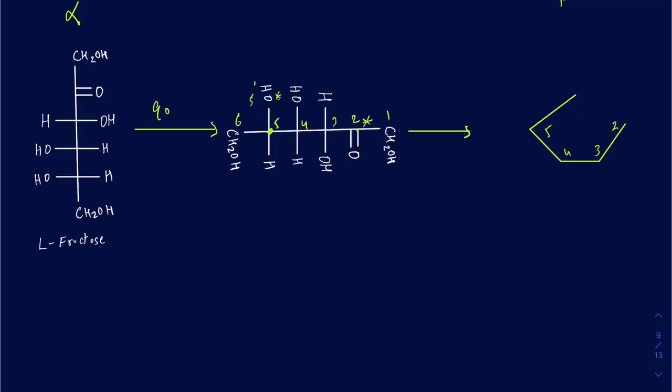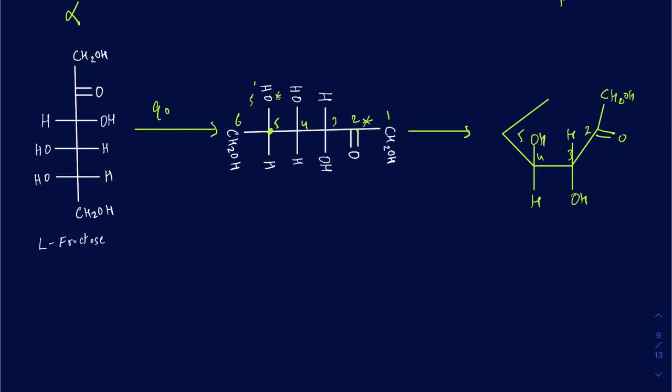So at the 2, you're going to have the carbonyl, obviously, and then this CH2OH on the top is still there. So let me move this back a little bit. And then on number 3, you can clearly see the OH is pointed down. So you want to have that pointed down. On number 4, the OH is pointed up.